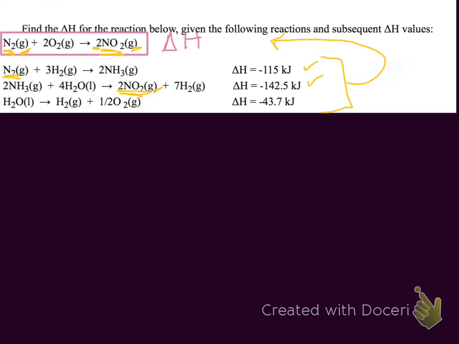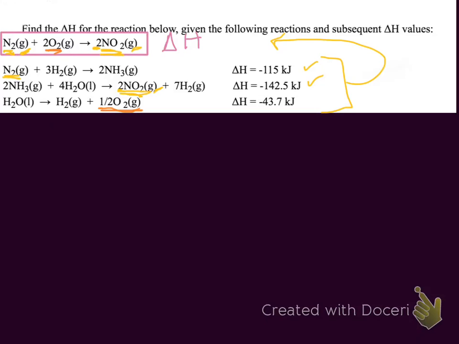Let me change the colors just so you guys can see. All right. So if we look here, we have oxygen on the reactant side, and nowhere else do we have oxygen in the first 2 reactions. So it's always good to double check, because sometimes you'll find oxygen in multiple ones. We have O2 here, but there's 2 issues. Number 1, it's on the product side. Number 2, we have half oxygen.